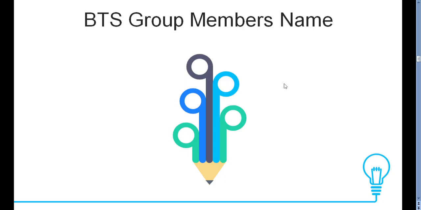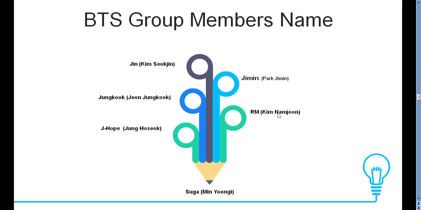Bangtan is a musical group and they have 7 members. Their names are Jin, Jimin, Jungkook, RM, J-Hope, Suga and V. The full names of these people are added in front of the short names. You can read it by pausing the video.